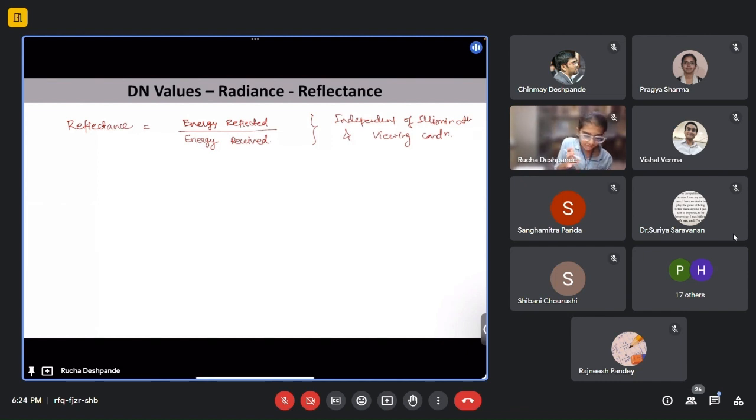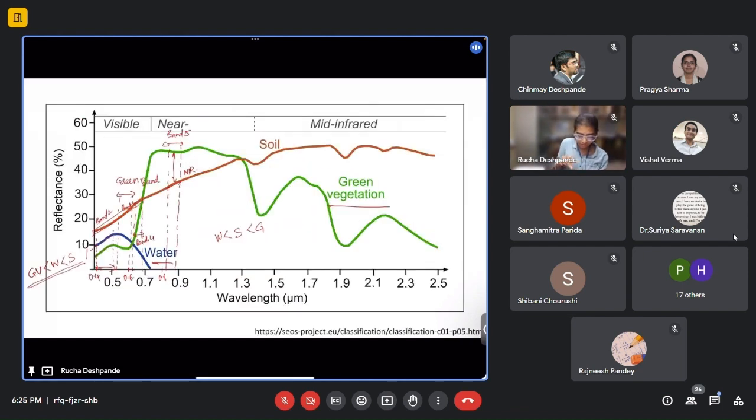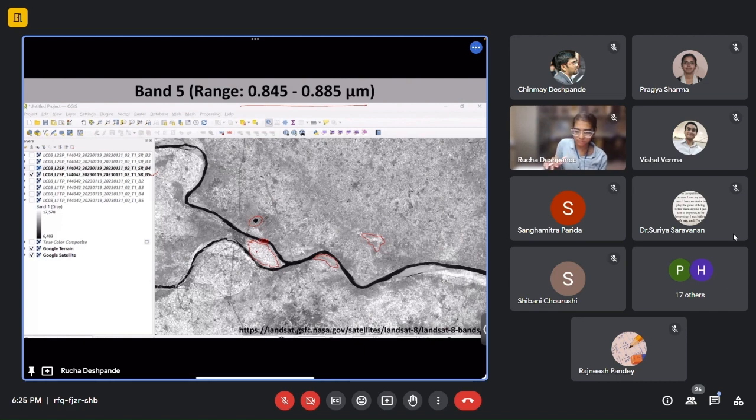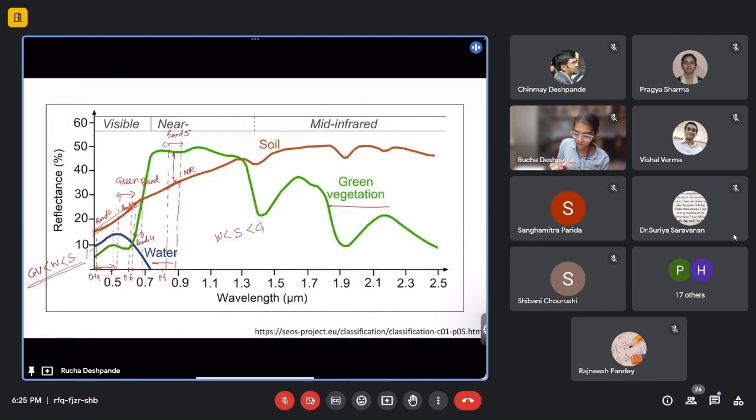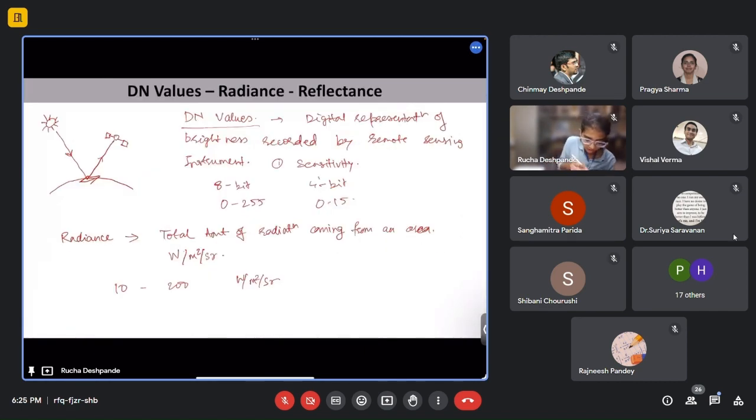In reflectance, we have two things. First is TOA reflectance, and second is surface reflectance. It was this surface reflectance that we were looking at before in this curve, right?